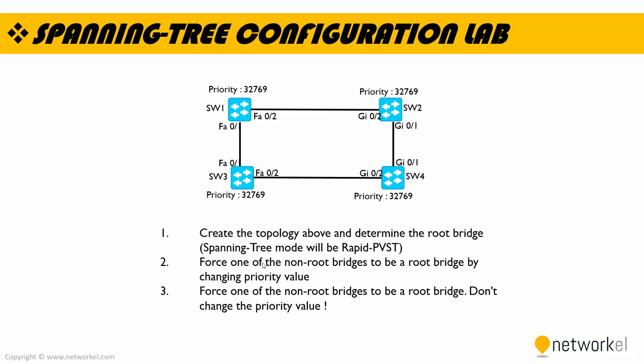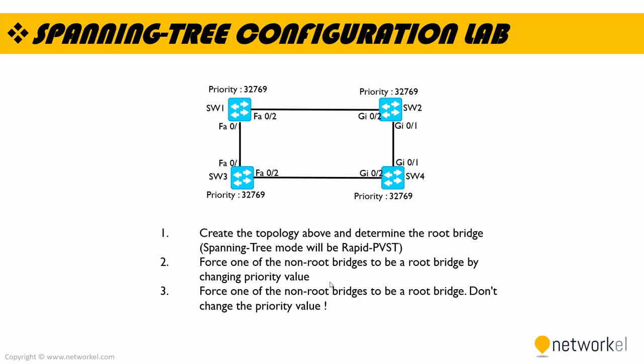Second, force one of the non-root bridges to be a root bridge by changing the priority value. And the last step is to force one of the non-root bridges to be a root bridge, but don't change the priority value. Okay, let's go ahead with the first step.